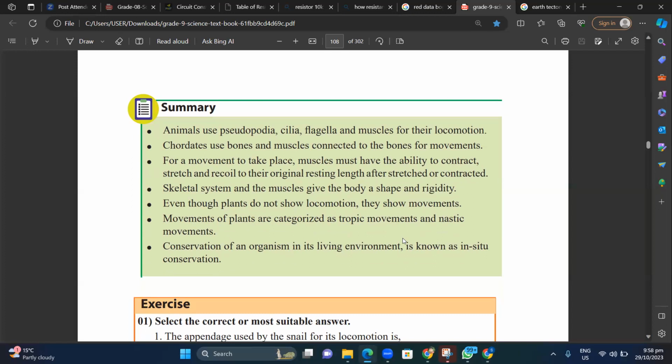I gave you a small STEAM activity to do with muscles, and also a small search about some plants which, because of the nitrogen issue, depend on animals.